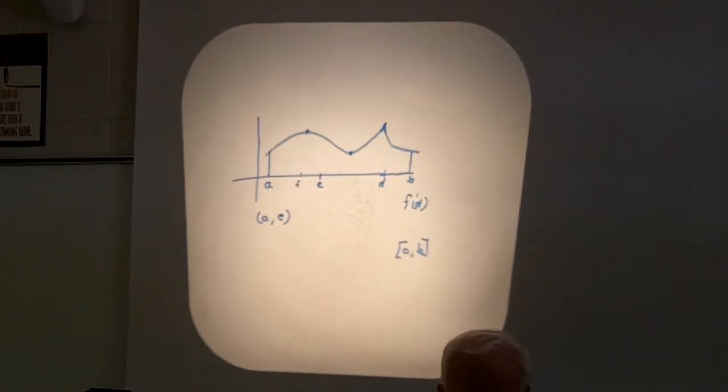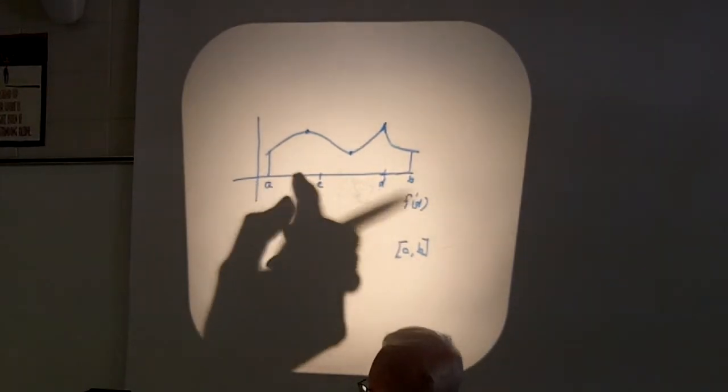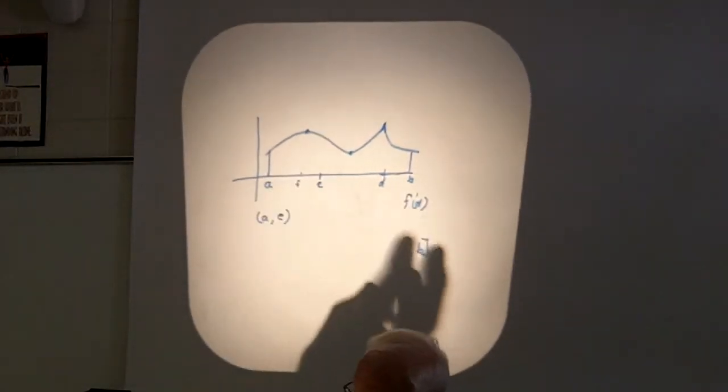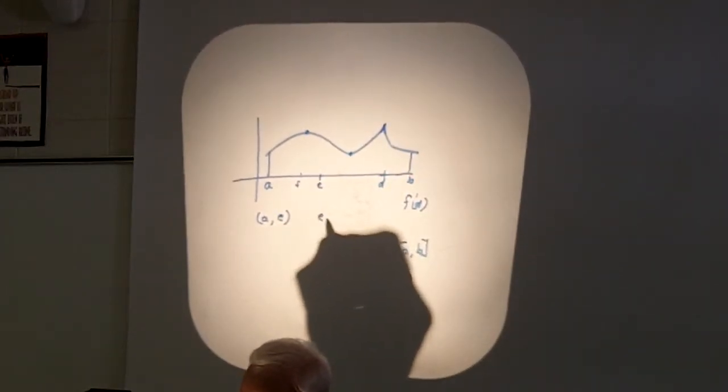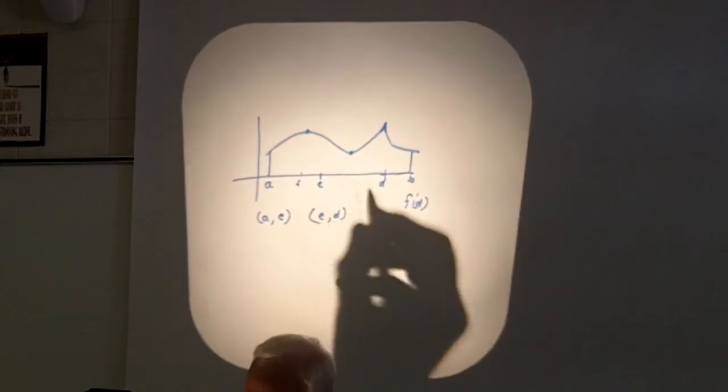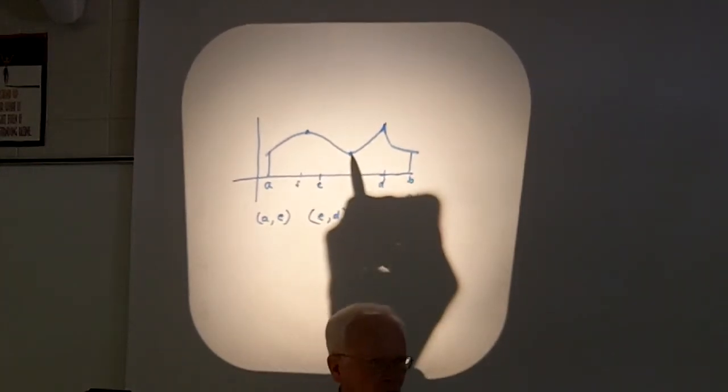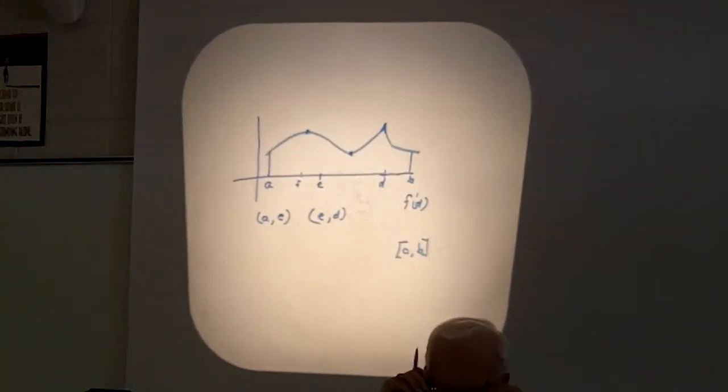Then f of C is greater than f of x for all the points in this interval, then that's a max. And if we go from E to D, like this interval, then that's a minimum, a relative minimum or a local minimum. Relative and local are the two operative words, and this book uses local.